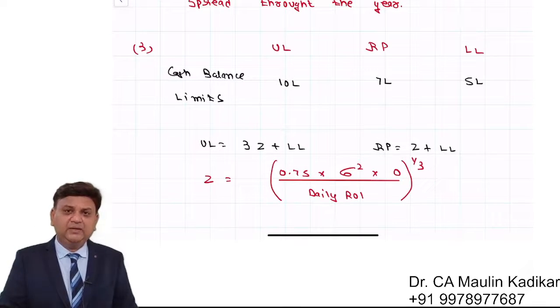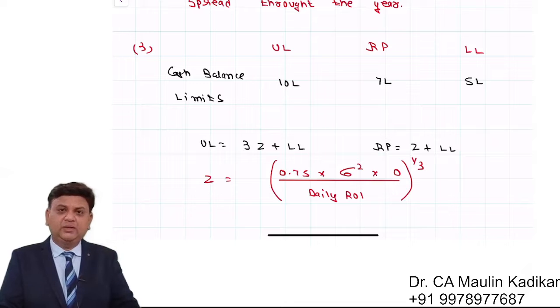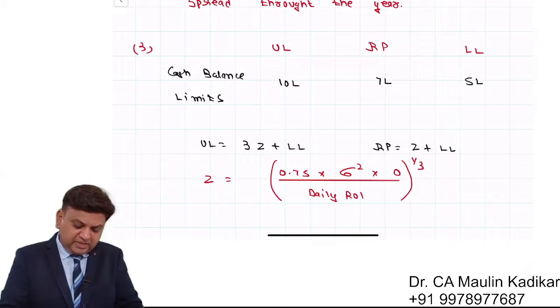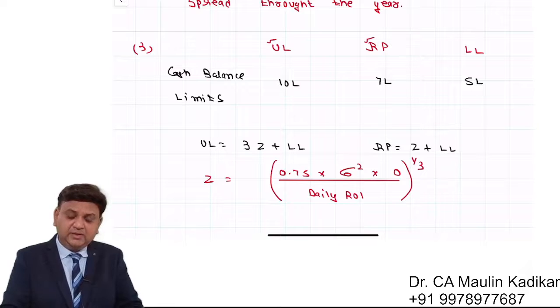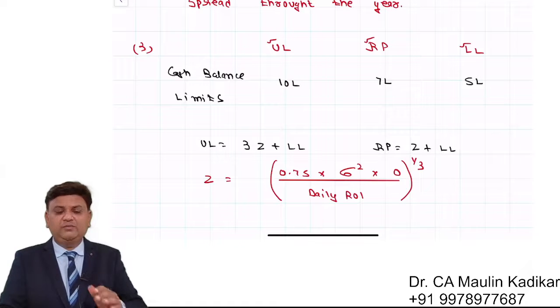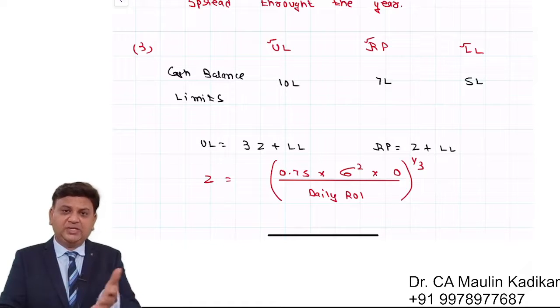I repeat that, as per the Miller-Orr model, the company is required to determine three types of cash balance limit. One is given the name upper limit, another is the return point, and the last is the lower limit. How these limits work, how it functions, I am going to discuss slightly later on.